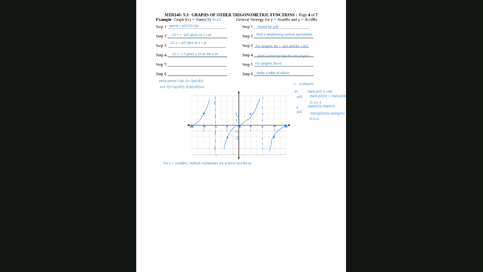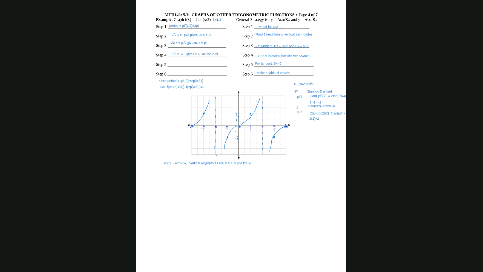And the x-intercept between the vertical asymptotes is at b times x equals pi divided by 2.